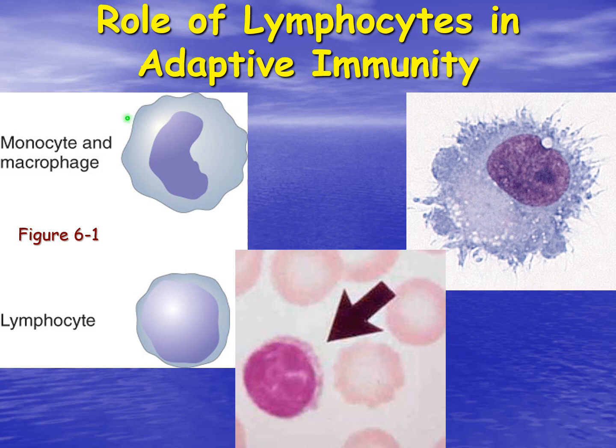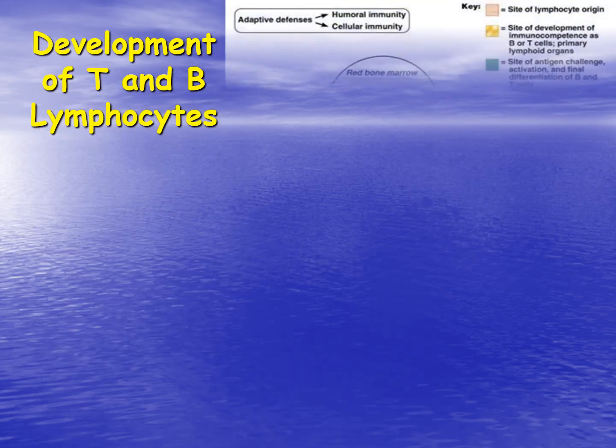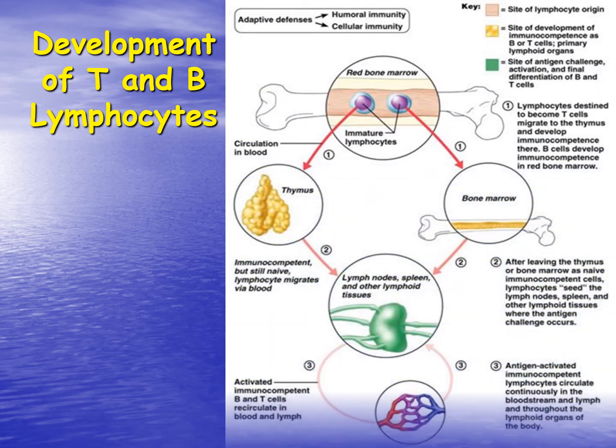The macrophage and the other professional antigen presenting cells, and this is our big macrophage over here, is what's going to actually present the antigens to these lymphocytes. Both the T and B lymphocytes are made in the bone marrow.